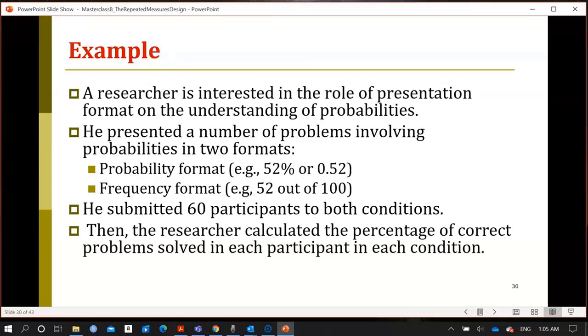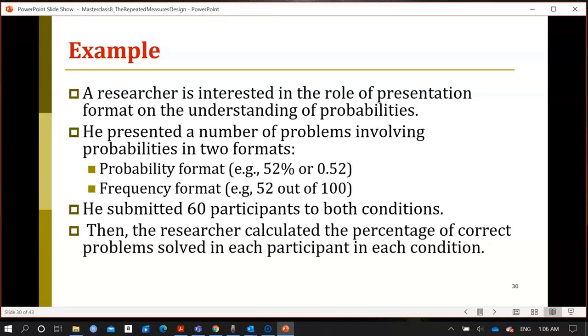Okay, so in this case, a researcher is interested in the role of presentation format on the understanding of probabilities. And he presented a number of problems involving probabilities in two formats.